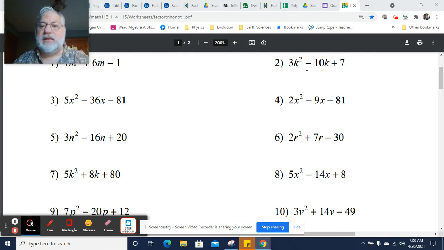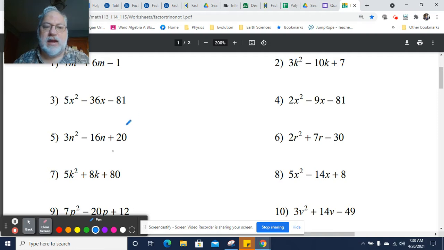So when you look at this polynomial, 3k squared minus 10k plus 7, we know that we could break this up like this. We're going to be able to break it up into a couple of binomials, okay? And the trick is figuring out what's going to go in front of this k.